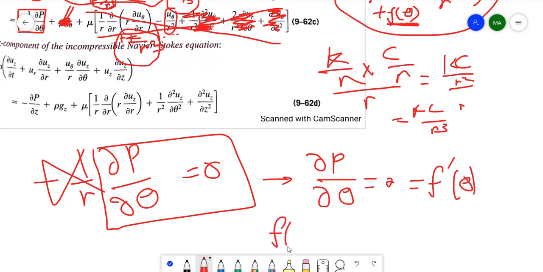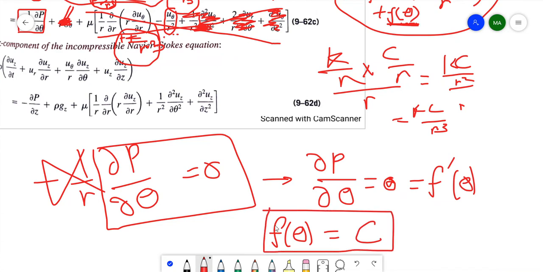So what is f of theta? It is a constant, yeah, because its derivative is 0. Because if you integrate 0, it will give you 0 plus a constant. So now I know what f of theta is.